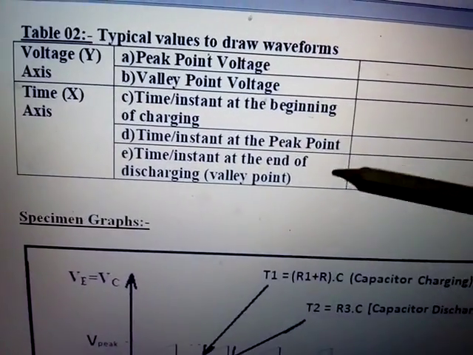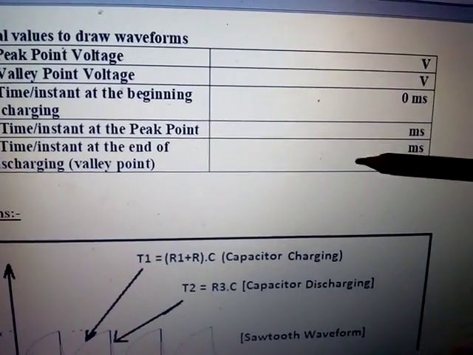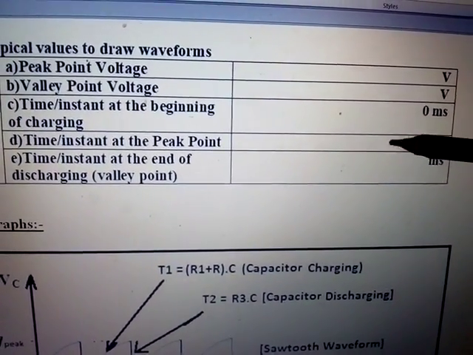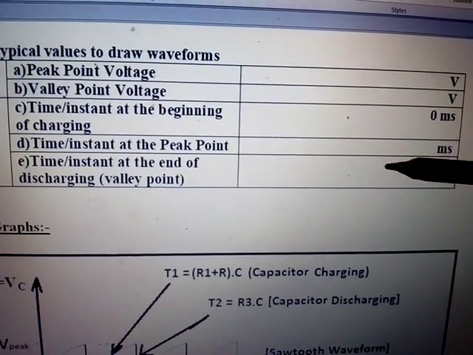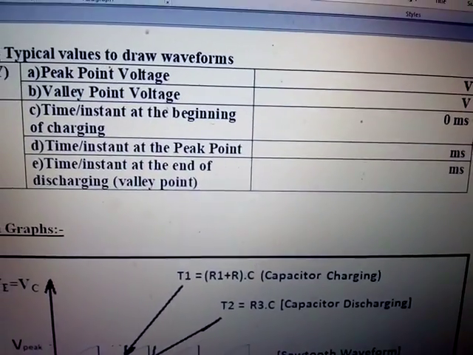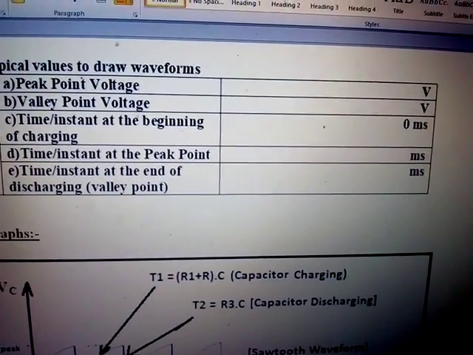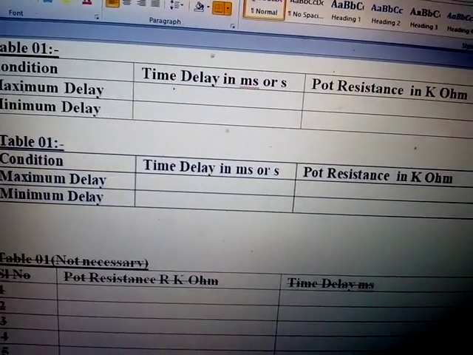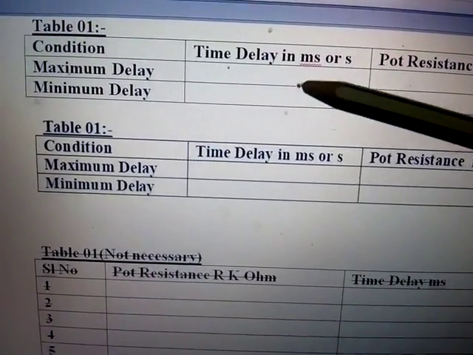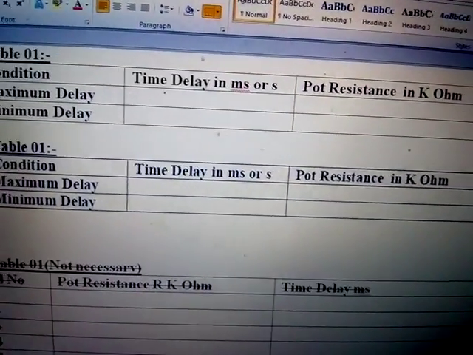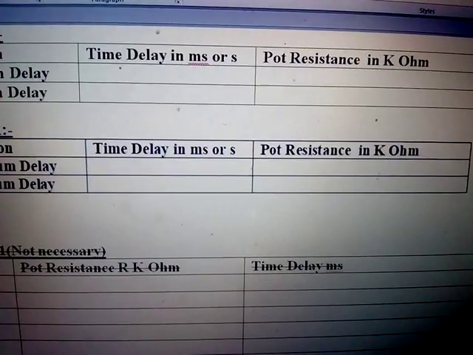The value what you get for time here, these two values are almost the same, 4, 4.1, 9, 9.2, 9.1, like that. This value of millisecond or microsecond, whatever it is, should be within this range, maximum and minimum value. So as soon as you connect, slowly vary the pot, you will get the waveform.